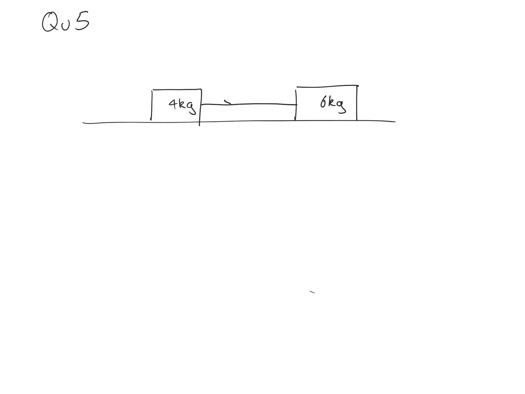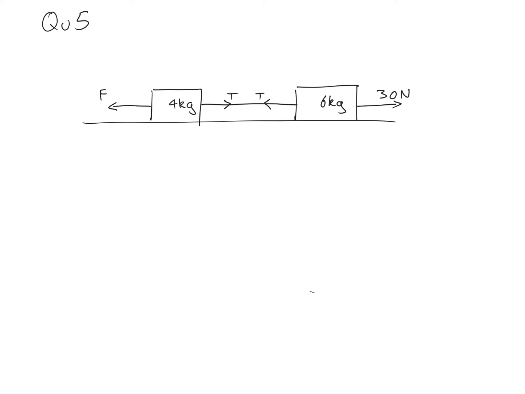So there will be a force that way and a force that way. We'll call it tension. And there's a 30 newton force this way, and there's a force F this way. Then we're told the magnitude of the acceleration of the system is 2 meters per second squared. Find the two possible values of F.